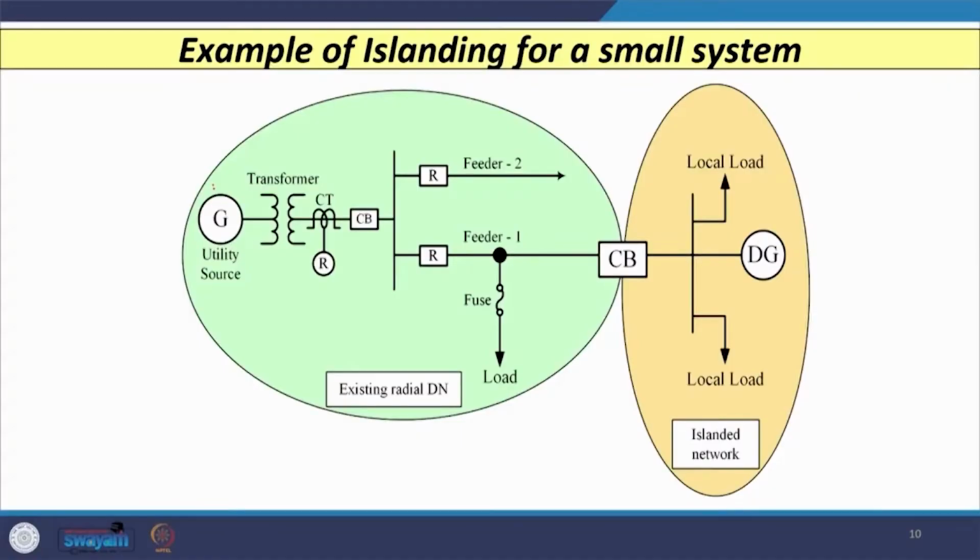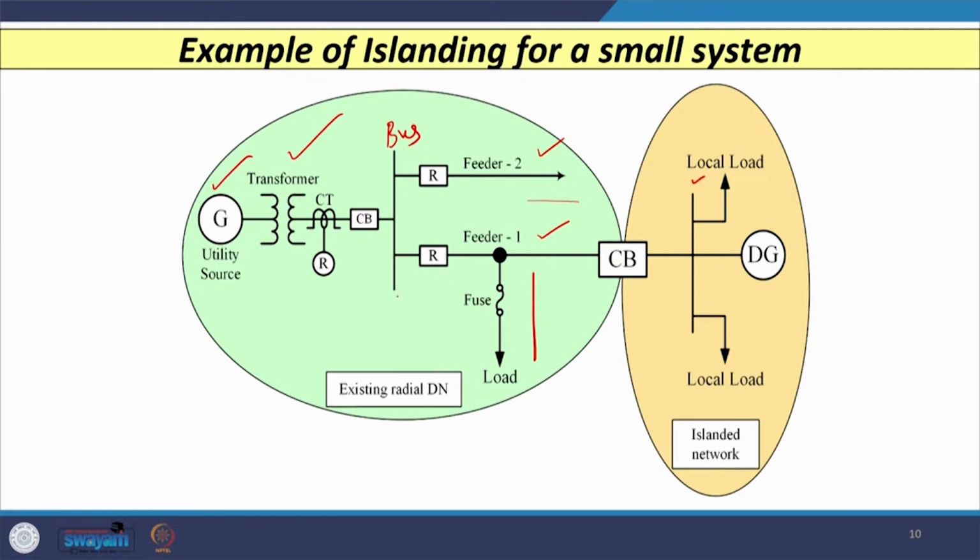As an example of islanding for a small system, you can see that we have a utility source connected with the generators, then the bus, and then several feeders like feeder 1 and feeder 2 emanating. We have laterals also, and feeder 1 is connected to another bus.